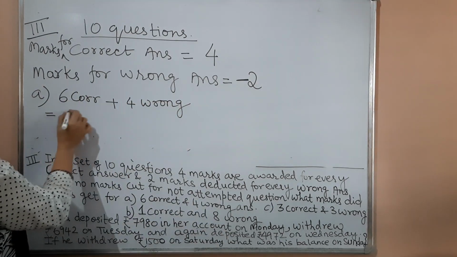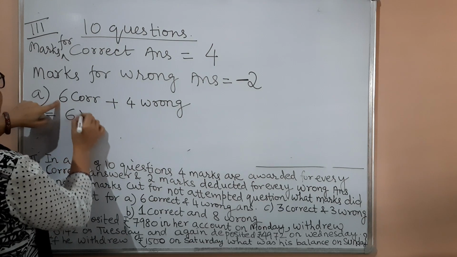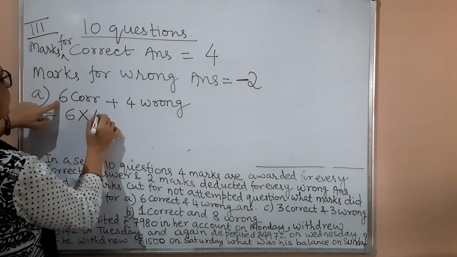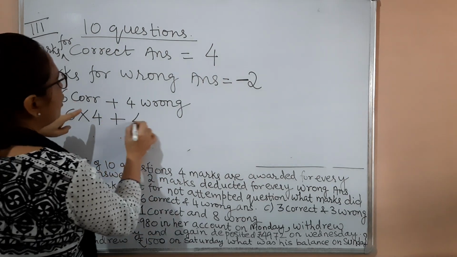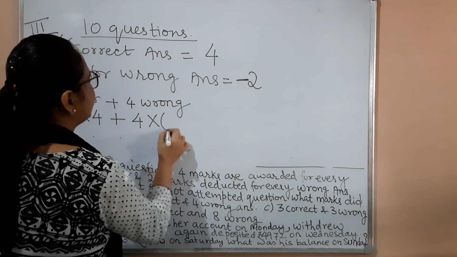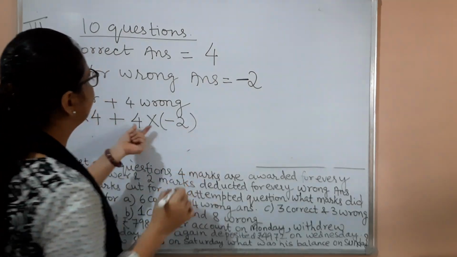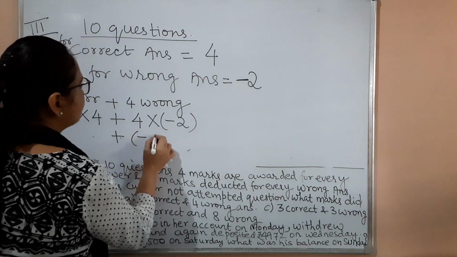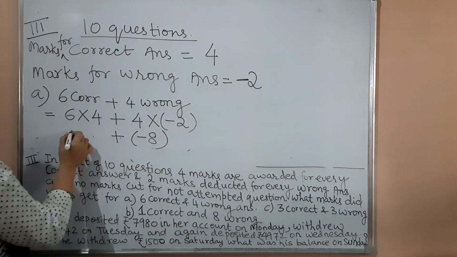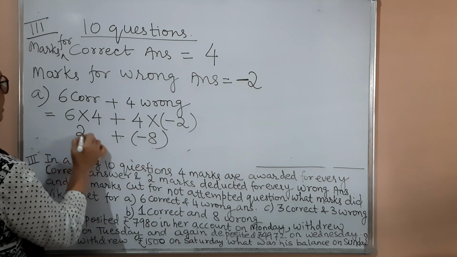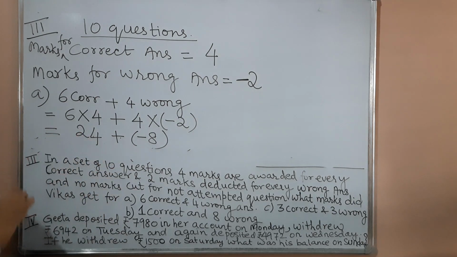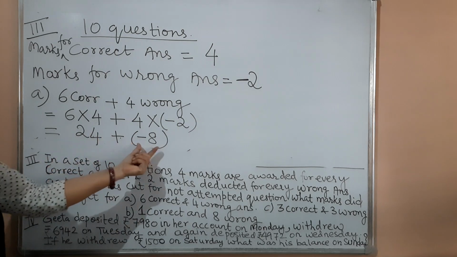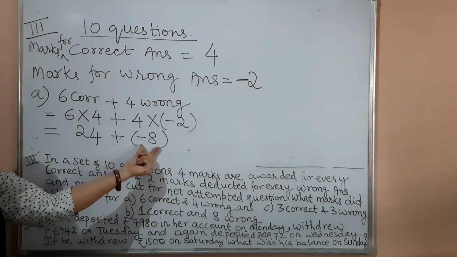So if there are 6 correct answers, that means he is going to get 6 into 4. But for the wrong answers, he is going to get multiplied by minus 2. That means he is going to get minus 8 marks for the wrong answers, and 24 marks for the correct answers. 6 4s are 24, and 8 is reduced from it.